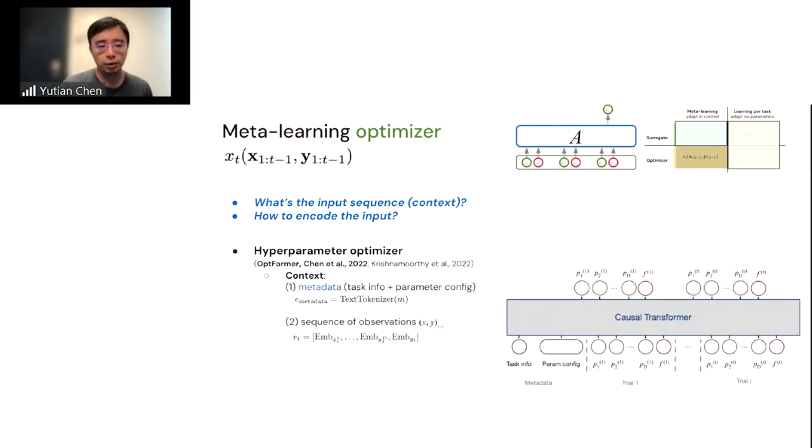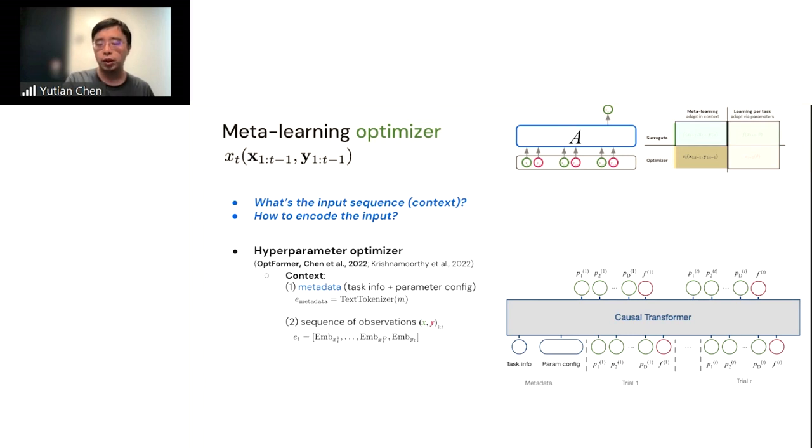And back to the OptFormer, as I mentioned before, we can use it as a function surrogate, but we can also train it to predict every hyperparameter dimension. In that case, we use it not only as a surrogate, but also directly as the optimizer. The context, or the input sequence that feeds into the causal transformer, includes not only the pairs of XY observations, but also a textual description of the task.